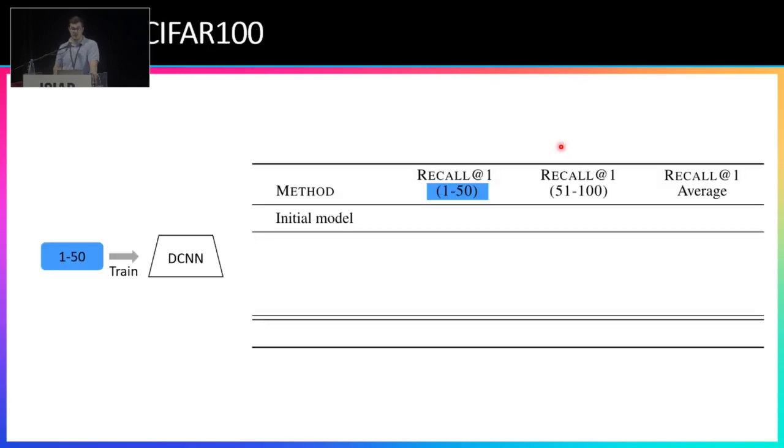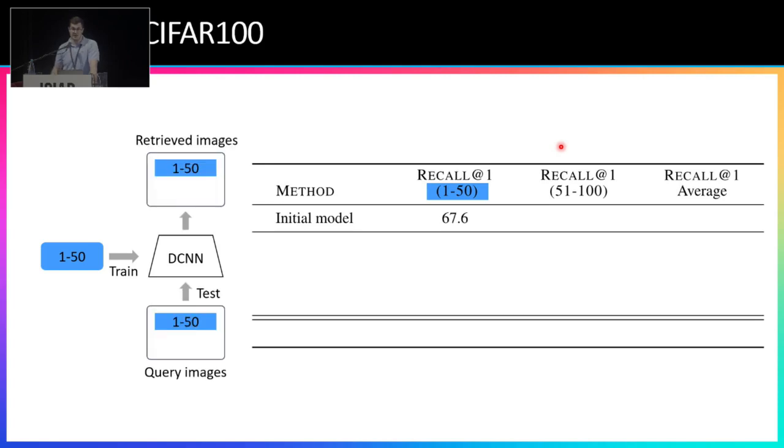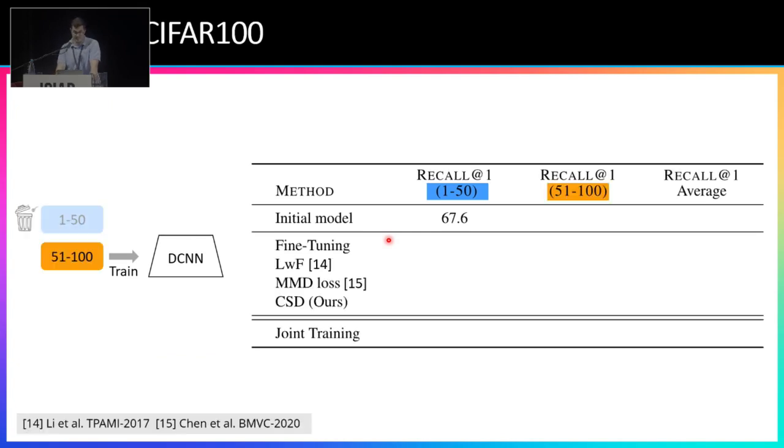In particular, for the 2-task setting, we first trained the DCNN with the first 50 classes of CIFAR, and then we evaluated it on the first 50 classes of the test set of CIFAR, obtaining an initial model which achieves 67 of recall at 1 on the initial task. After that, we update the model with several techniques using only the second task, without any data from the initial task.